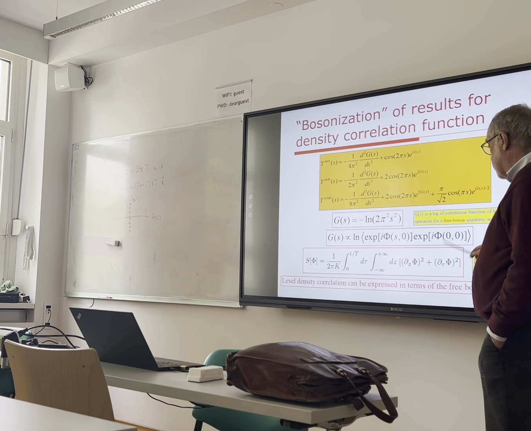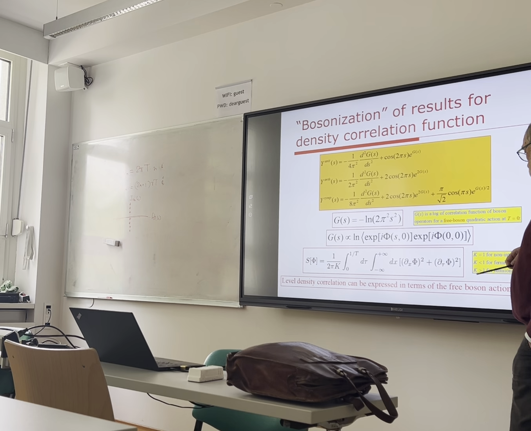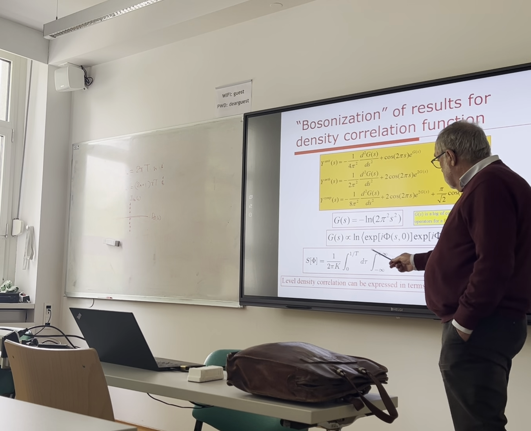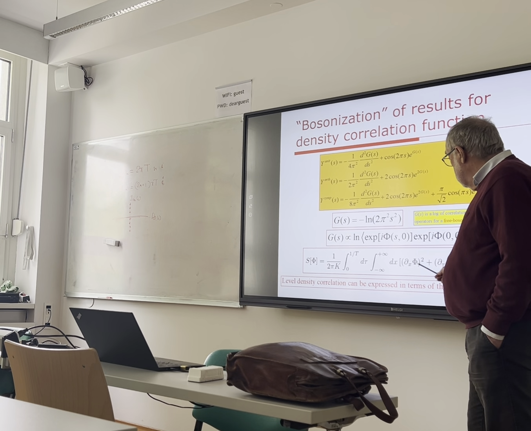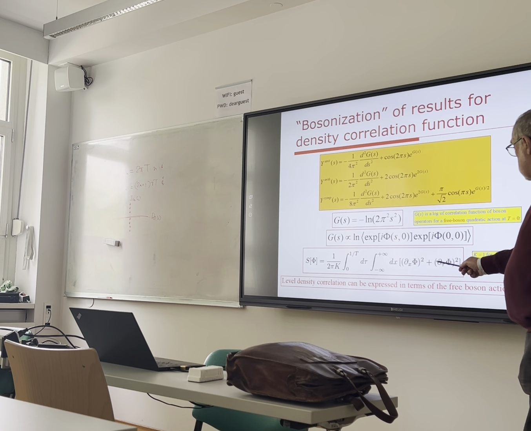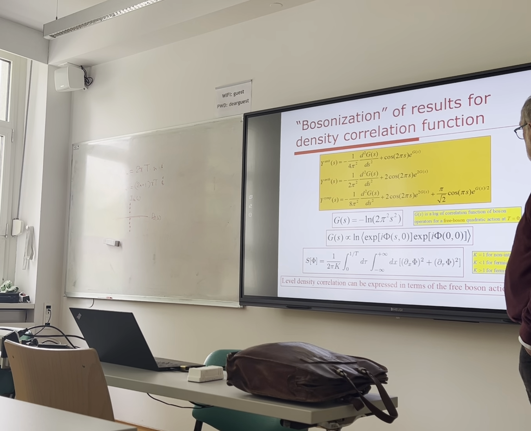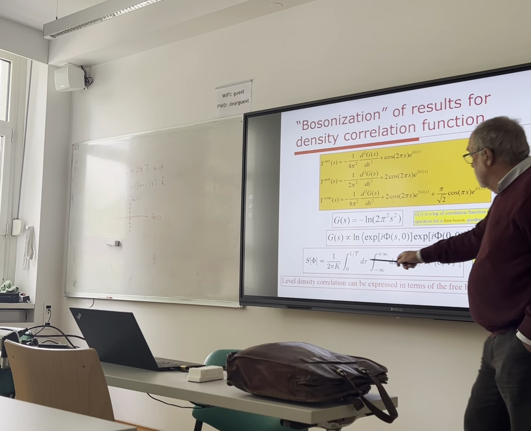These are free bosons in all the cases, in cases of attraction, repulsion, no interaction between fermions. This bosonic action is always quadratic, it is free bosons. But the memory about the initial model of fermions interacting or non-interacting is in this K.